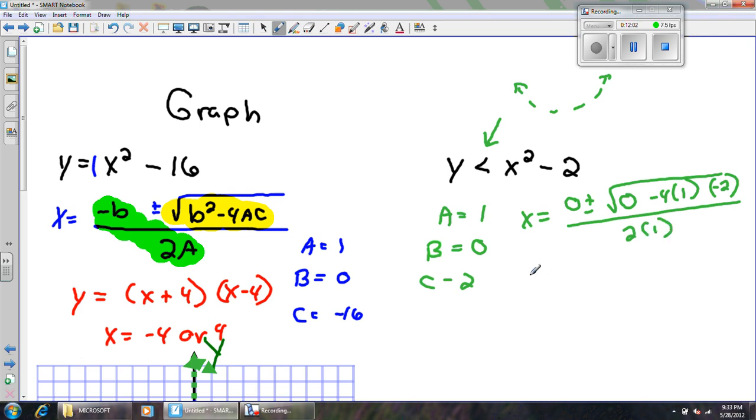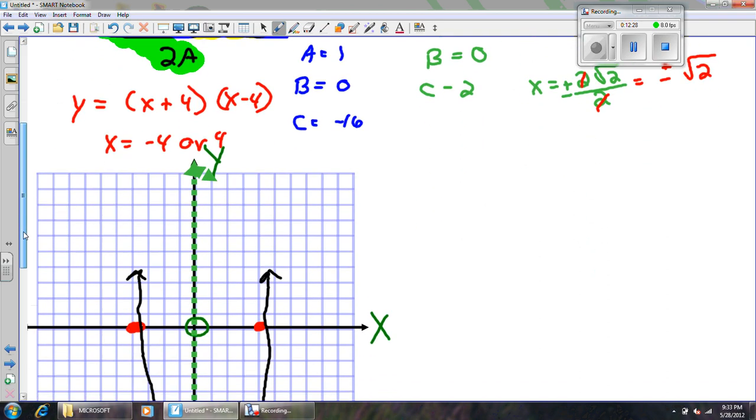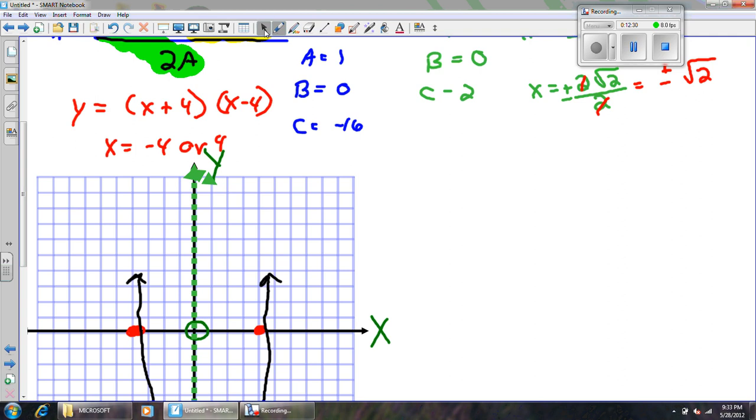Okay, so then x is going to equal square root of 8, which is the same as 2 rad 2 divided by 2. Plus or minus, of course. Now, if you're noticing here, I can cancel out these 2's, and I'll be left with plus or minus the square root of 2. That is where it's going to cross the x-axis. So let me get another graph here.